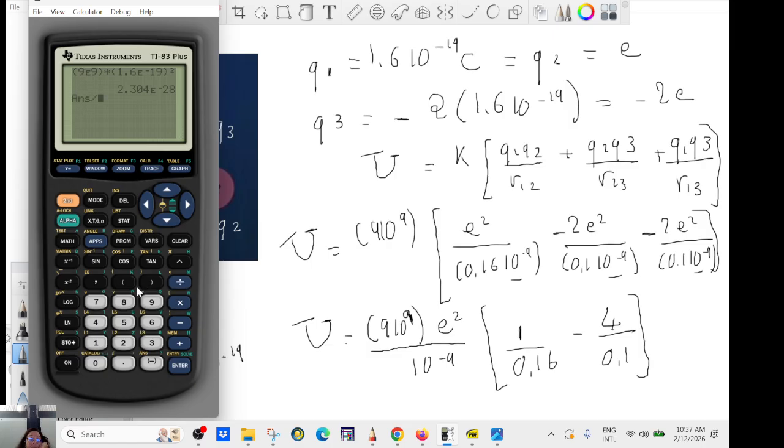Okay. Divide by, open the parenthesis, 10 to the negative 9. No, divide by 10 to the negative 9.